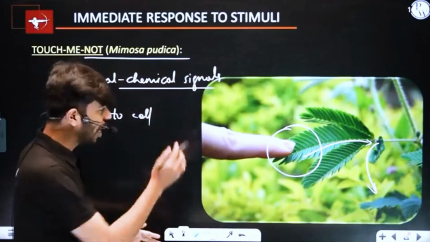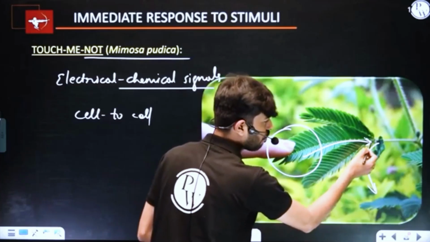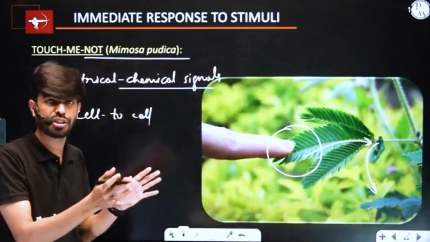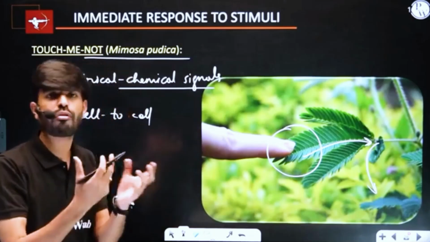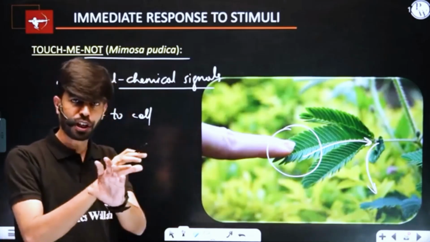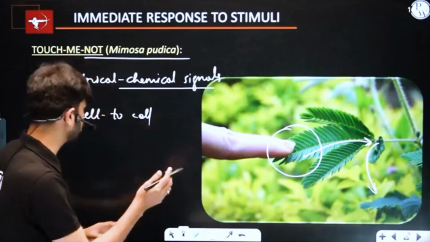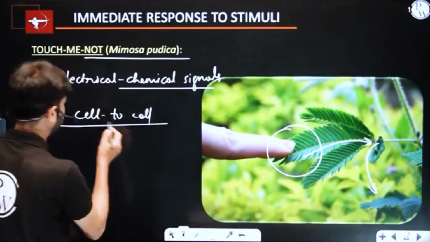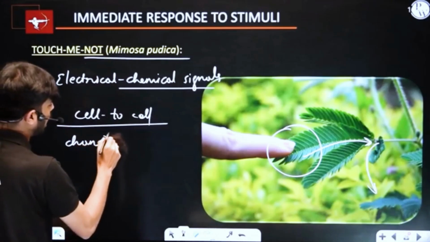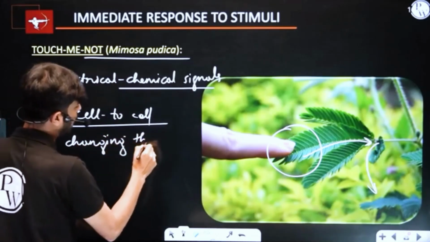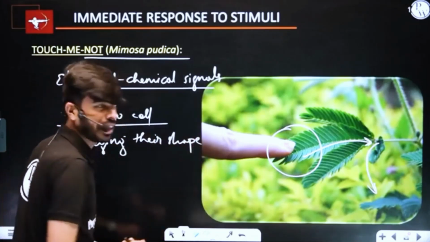Now, once these chemical signals reach the opposite part, where we have not touched, it changes the concentration of water. Due to the concentration of water, that changes the shape. Here also plant cells are changing their shape, but not with the help of proteins.